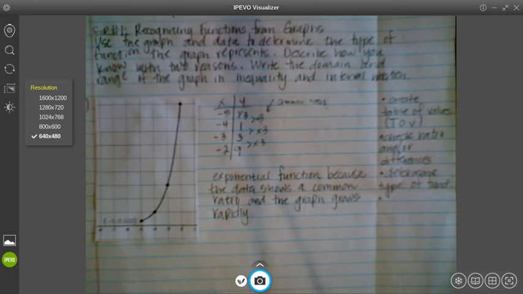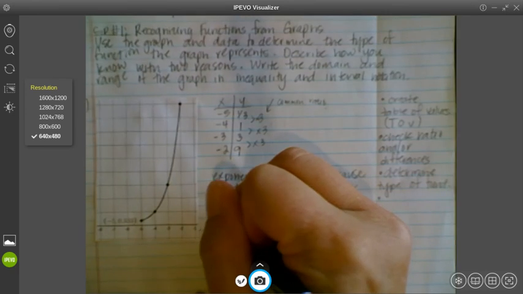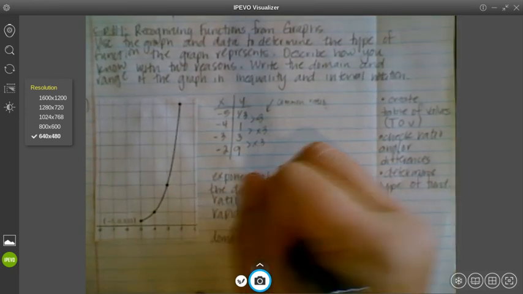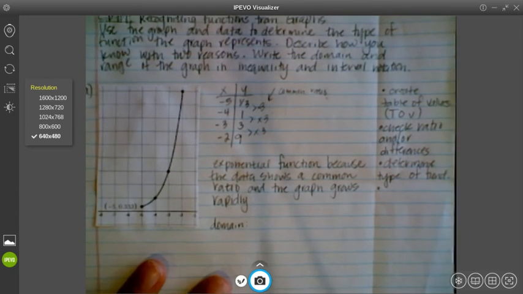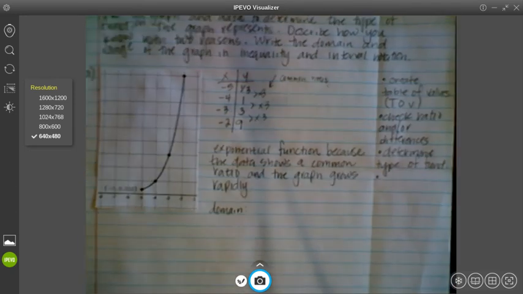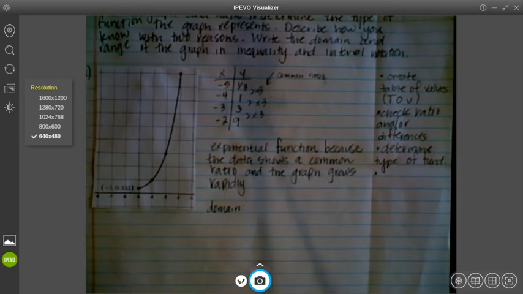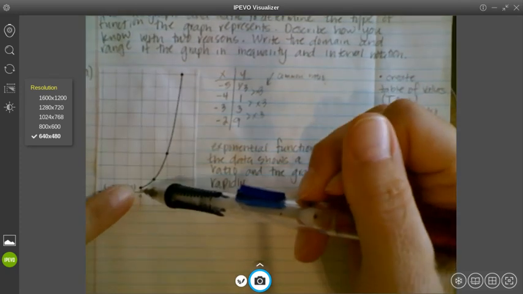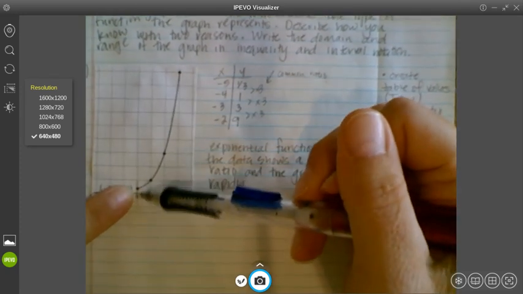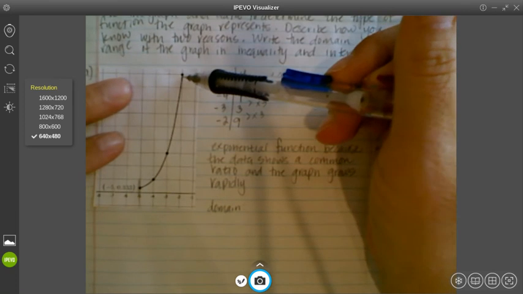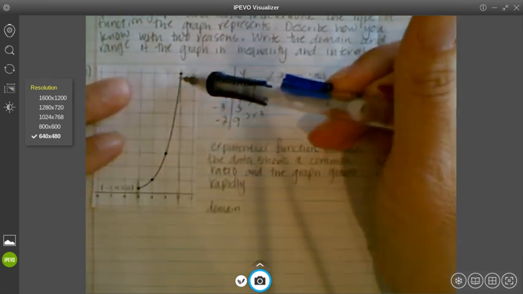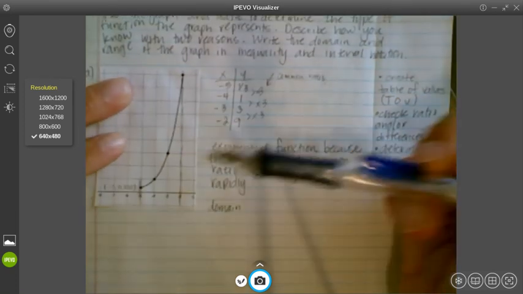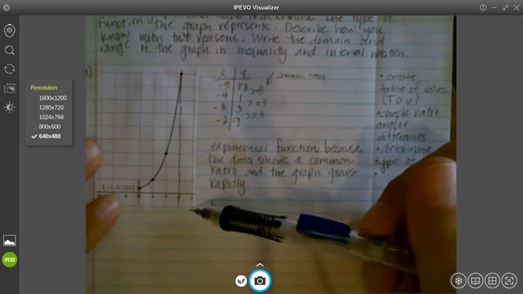And then from there, the last thing that we were asked to do in the directions was to write the domain and range. So down here, we're going to start with domain. Now remember that domain shows all of our x values. And we have specifically cut this graph down to go from this value here to this value here. And when we read and write the domain, we read and write it from left to right.